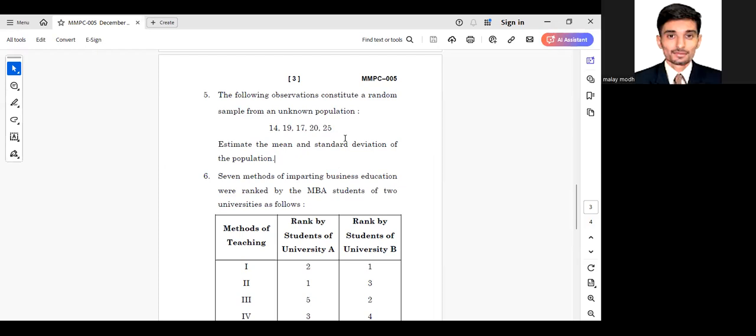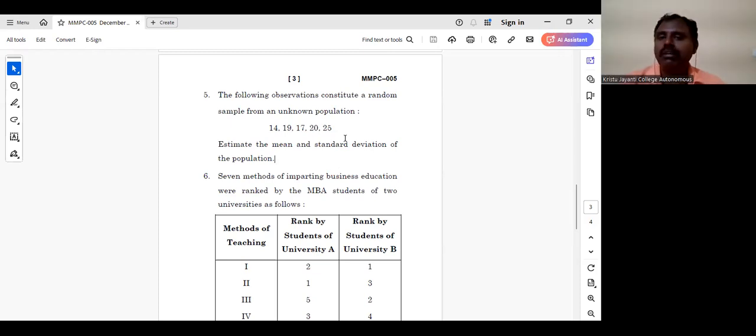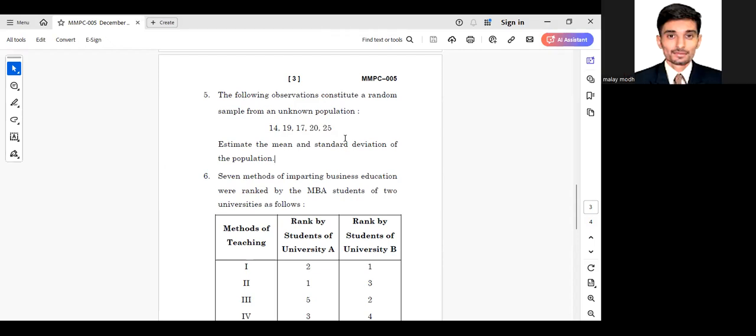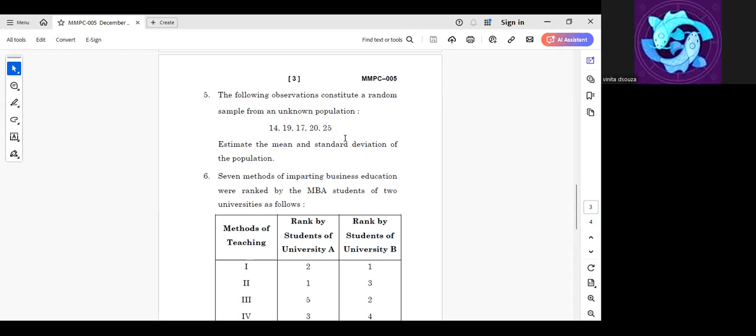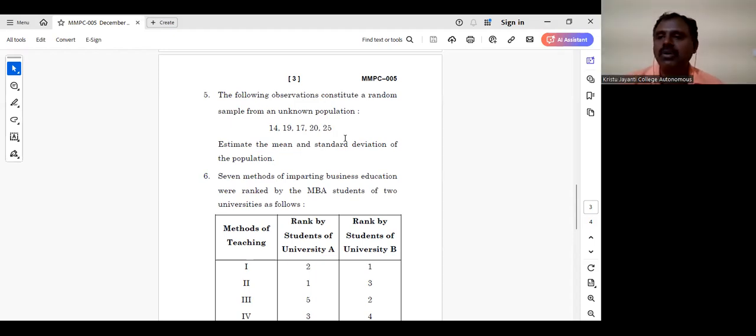Sir, can you repeat any one of the formulas for standard deviation? Standard deviation sigma equals the square root of sum of x squared divided by n minus sum of x divided by n whole square. Sir, can we use sigma of x minus x bar whole square divided by n?